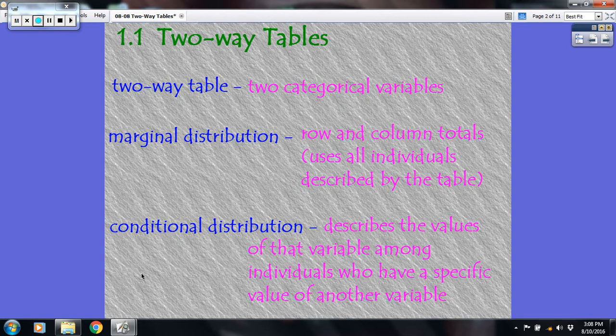So it's going to allow us to compare the individuals in a set to one another based on two different categorical variables at the same time. We'll get into how we're going to do that in just a minute, but let's just make sure that we've got these terms in our notes so that we can move forward to an example of how we do that.